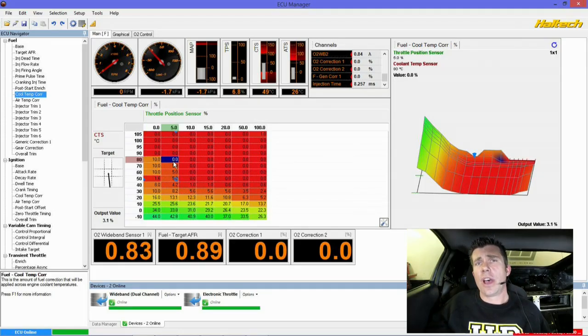Years and years ago, I wasted a lot of time on the dyno, and this is why I'm bringing this up. I had a car, I was using at the time the old Link G3 ECU. They always came with a base warm-up enrichment map that I knew was actually a pretty good starting point. Generally, it didn't need much tweaking, and as I've just explained, it had no enrichment at that sort of 70, 80 degree range. And I wasted some time with this particular car doing exactly what I've just explained.